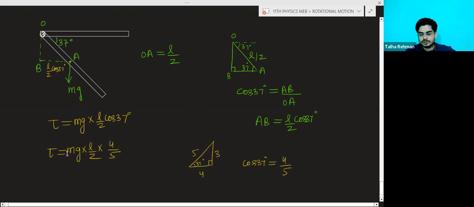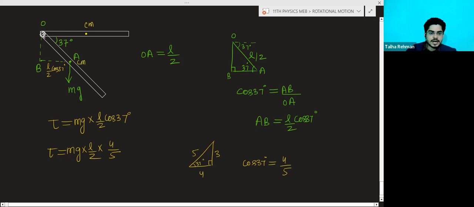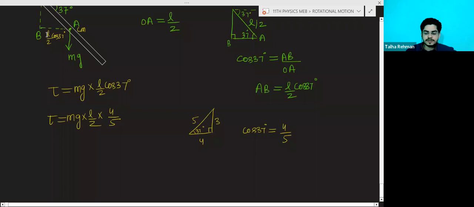So we have the torque. Now the moment of inertia about this axis: the rod is rotating about one end, so the moment of inertia will be mL square by 3.